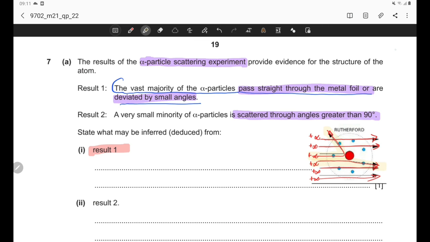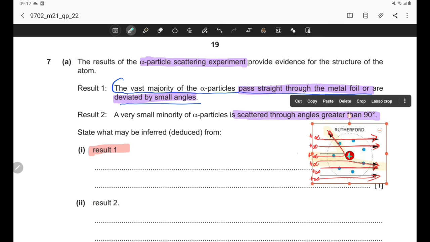The reason is, since the proton is positively charged and the alpha particle is also positively charged, when the alpha particles pass very close to the positively charged nucleus, they will repel. Then only these alpha particles will deviate.